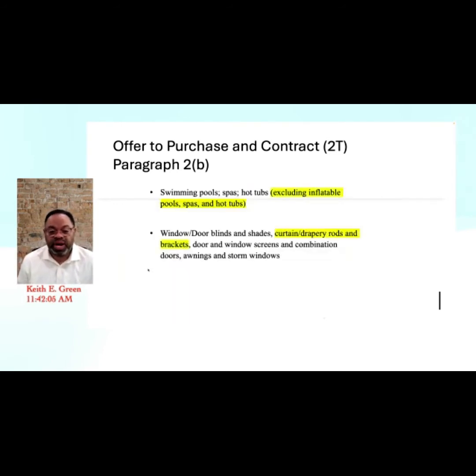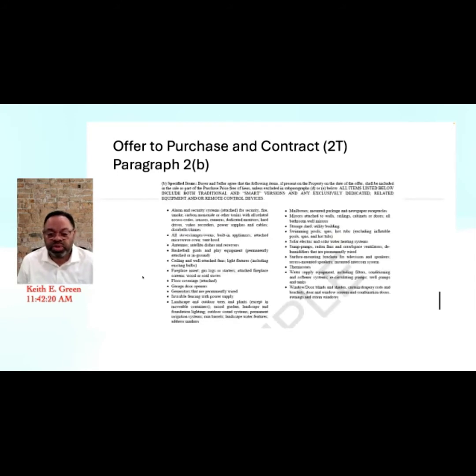It's personal property. And then the curtain and drapery rods and brackets are to remain. They are considered real property or fixtures because they are attached to the real estate. At the bottom here, I wanted you all to make sure you understood where that goes and where that is.